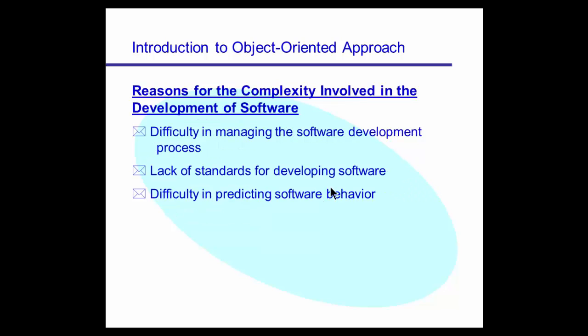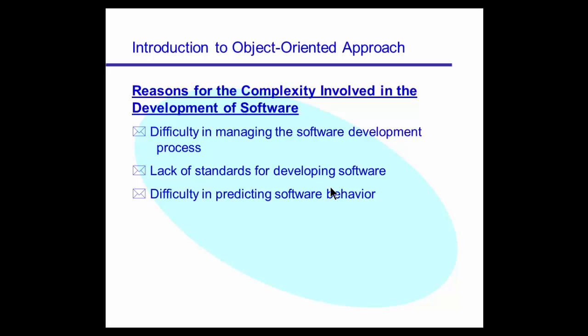The next topic is the reasons for complexity involved in the development of software. In a brief manner, the first reason is the difficulty in managing a software development process. A large number of teams are involved, and every individual team performs its own tasks.